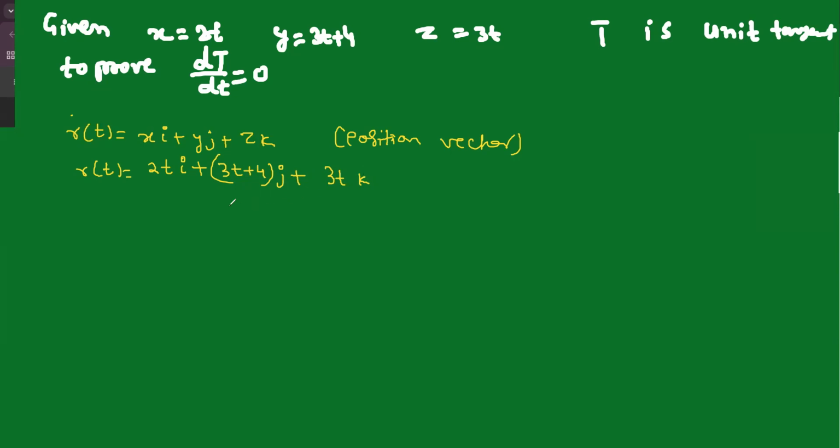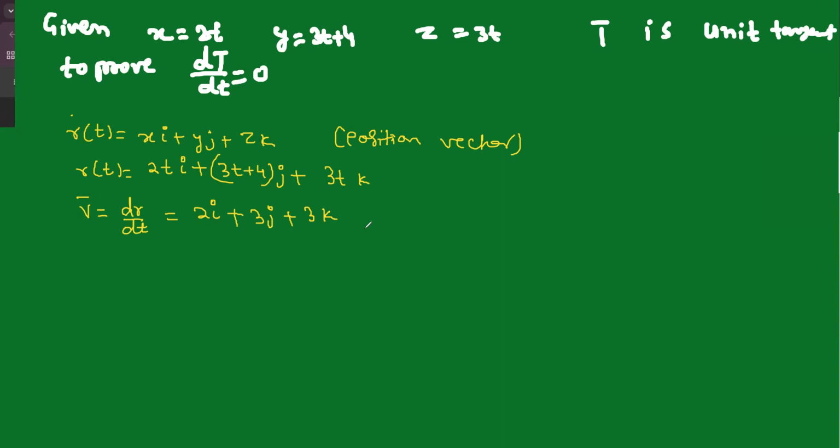Now we will find velocity vector. What is velocity vector? You know, derivative of position vector with respect to t, right? So when you differentiate with respect to t, you will get 2i plus 3j plus 3k, right?